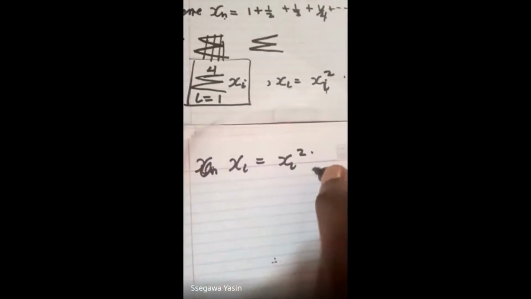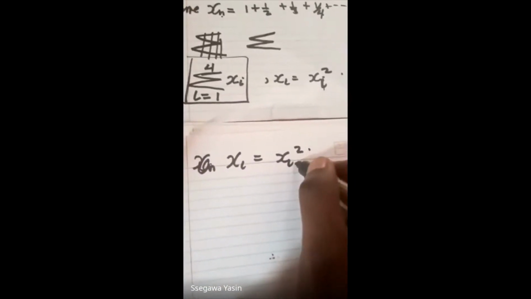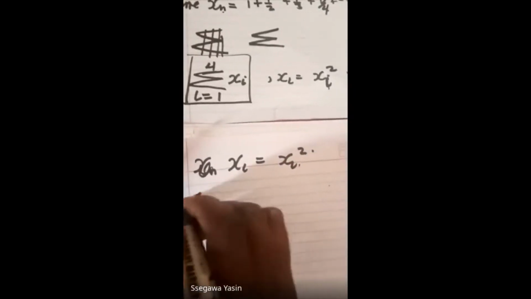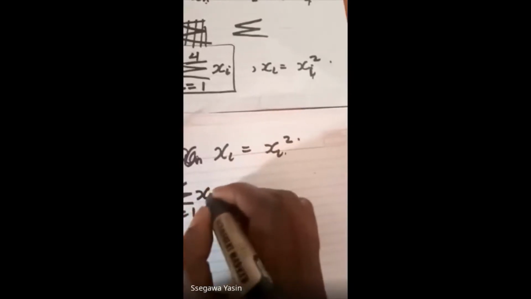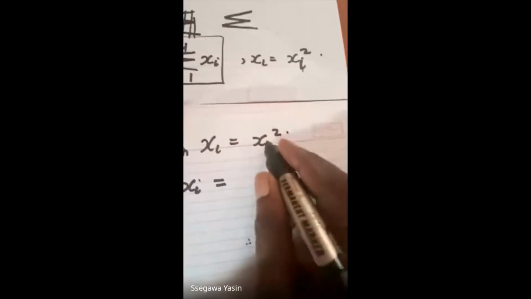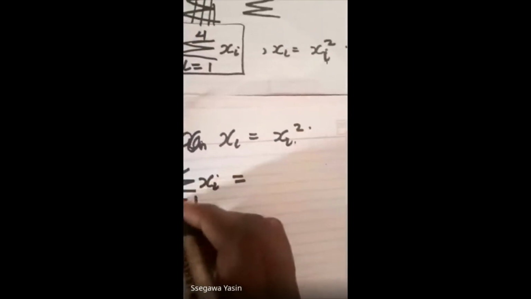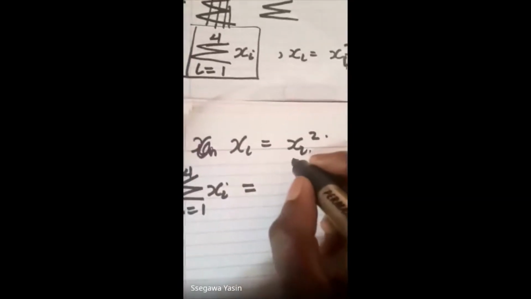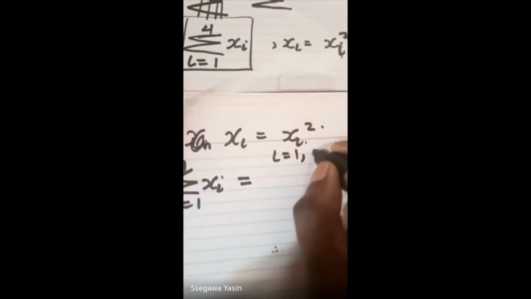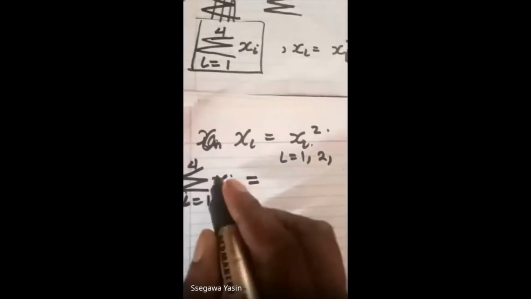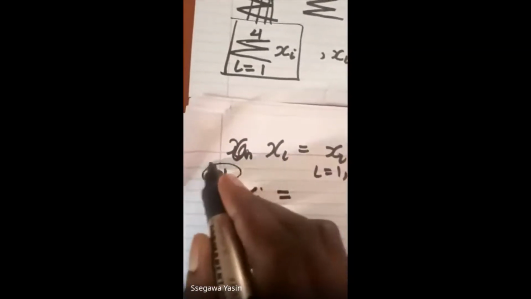What does it mean? I'm going on squaring. And therefore, if I say I have the sum from i equals 1 to 4 of xi, it means I'm going to go on substituting, but these are the values. I'm substituting from i equals 1. Then after I substitute in 2, until I reach this value here. Then 3, then 4, because the highest is 4.